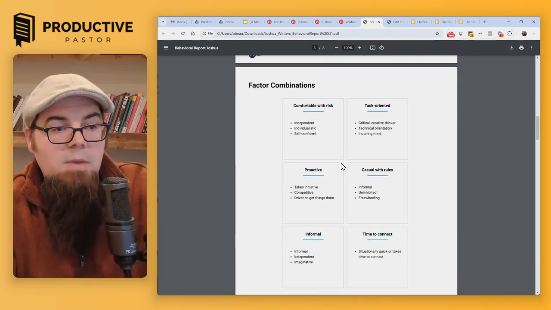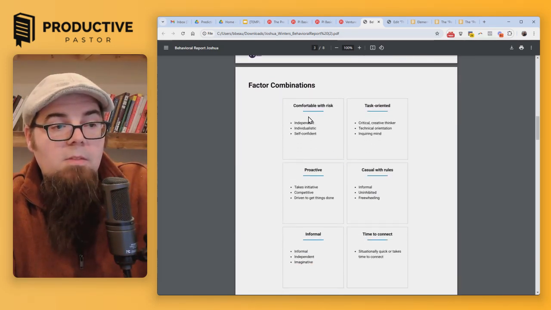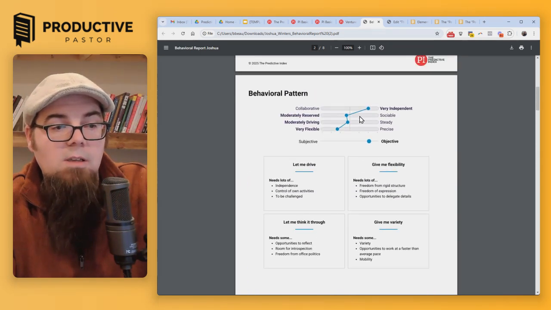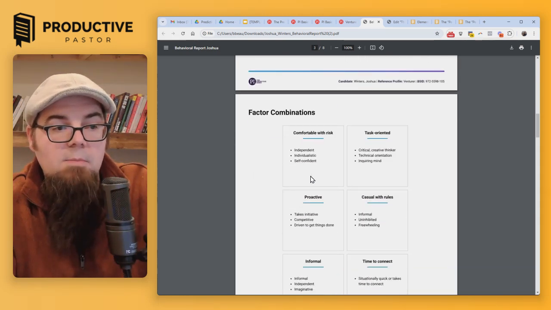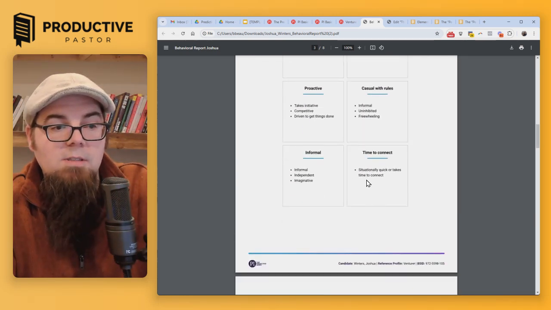And on this page, it's actually giving you the factor combos that are strongest first. What that is, which dots are furthest away from each other, and then which ones are closest to each other. So the furthest away is going to be here, and the closest together is going to be here.